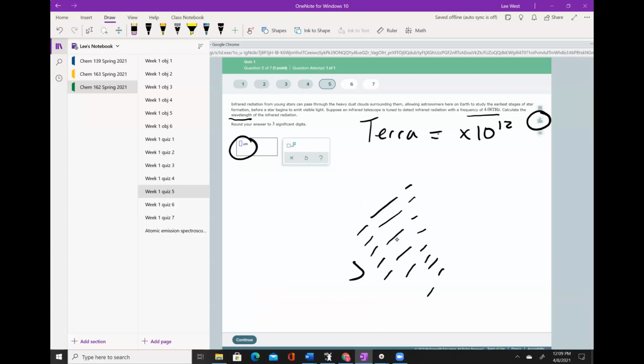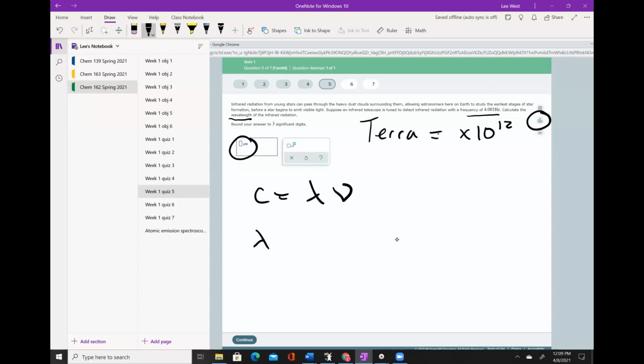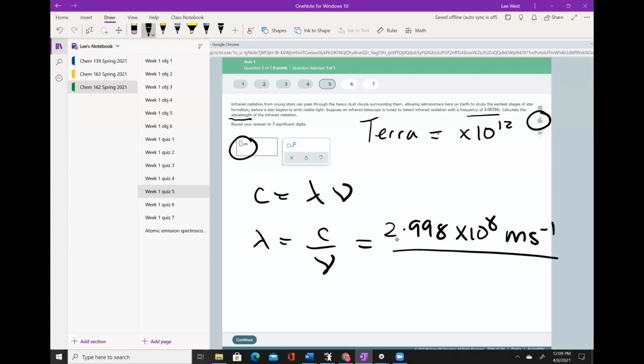So this is pretty easy, right? We know that the wavelength and the frequency are just related via that expression. So if we want the wavelength, it's just going to be c on the frequency, but we just got to get everything in the correct units. So 2.998 by 10 to the 8 meters per second divided by the frequency here, 4.06 times 10 to the 12 hertz, which is the same as seconds to the minus 1.